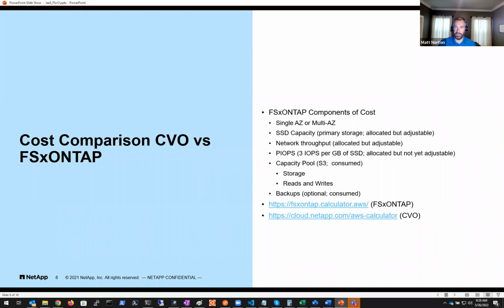Then there's the SSD capacity. So this is your primary storage, and I put here that in terms of public cloud costs, you want things to be consumed, right? You want it to be based off what you consume, not what you allocate. That way you're not overpaying, right? So the SSD capacity, it is allocated technically, but it is adjustable, as I mentioned earlier.